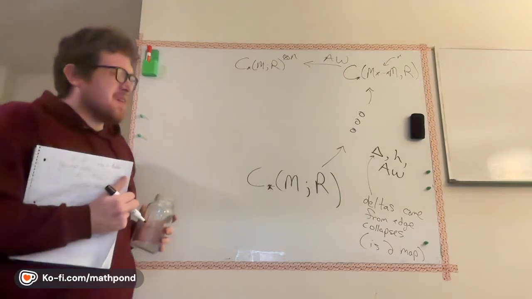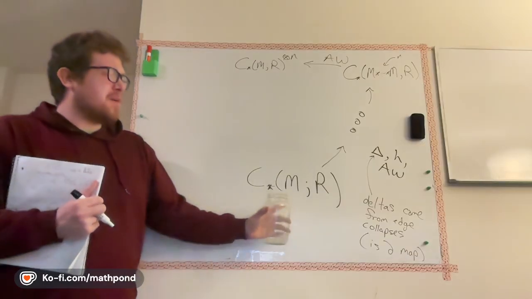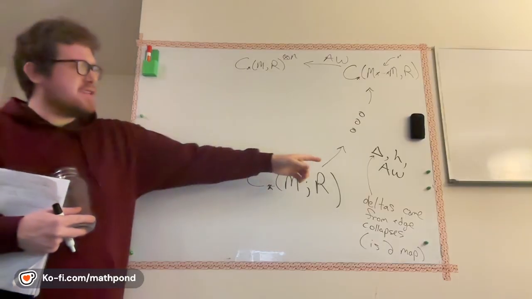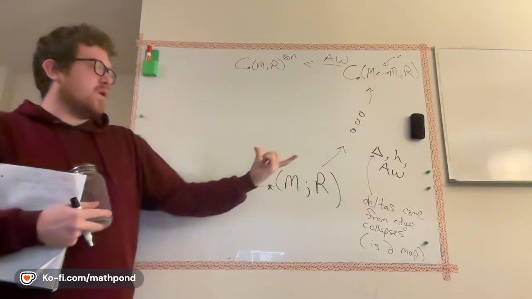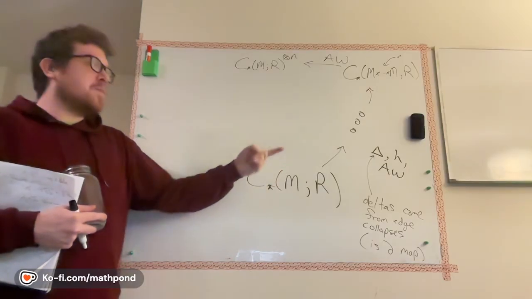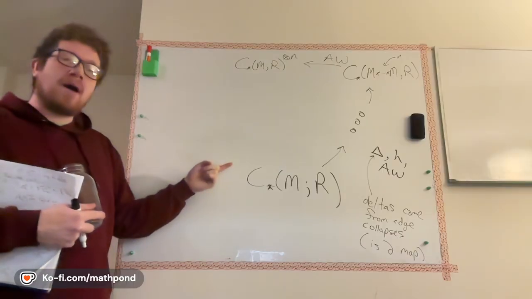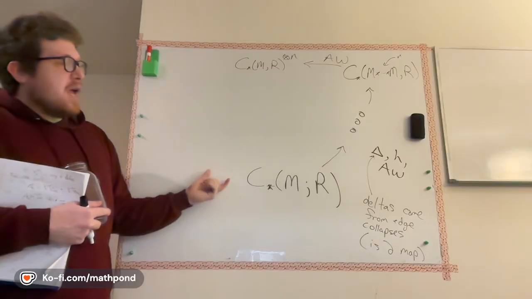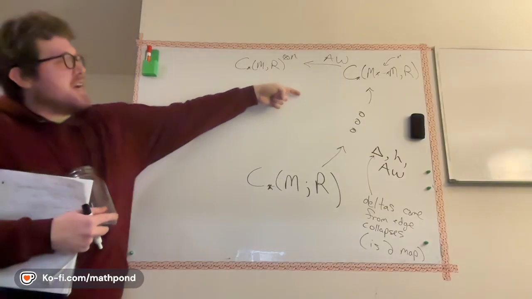But I think this all makes sense so far, right? I start out with one copy of M. I basically create new copies. Every time I apply a delta map, I get one more copy of M. When I apply a Xi homotopy, that just changes the degree by one, but I don't get any more copies of M. And so basically every time I apply delta, I get one more copy.